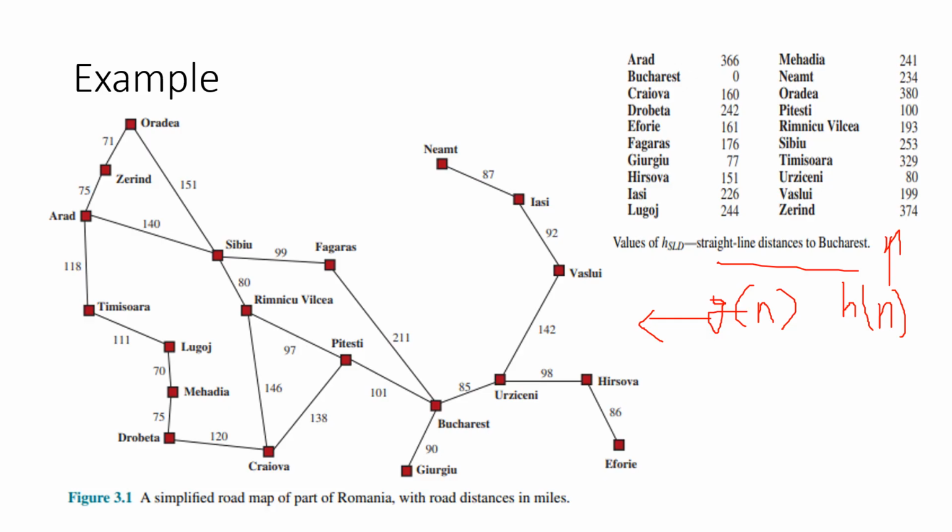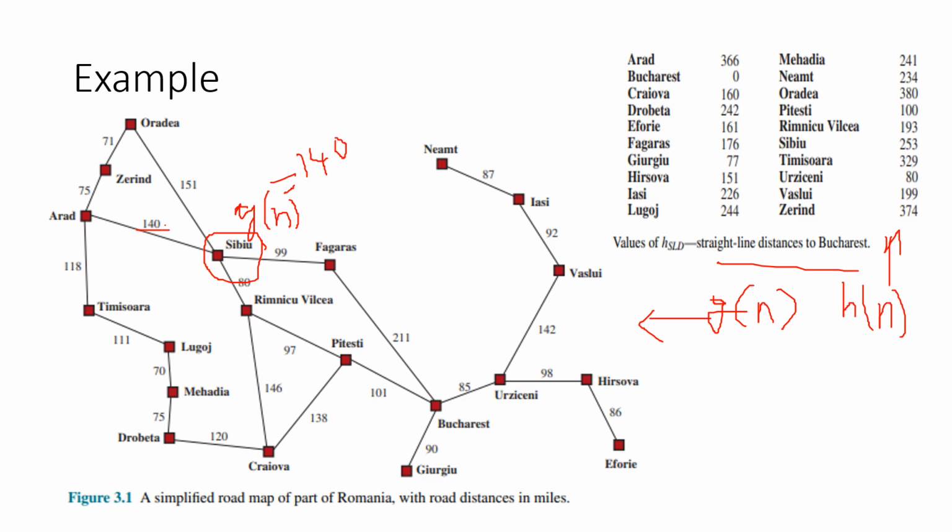For example, g of Sibiu means from the start node to Sibiu, what is the cost? From Arad to Sibiu, g of n will be 140.